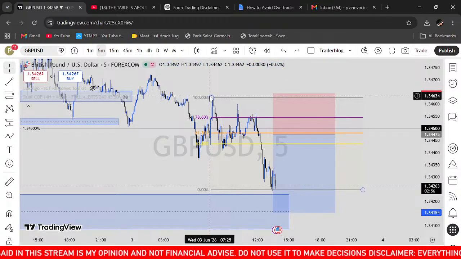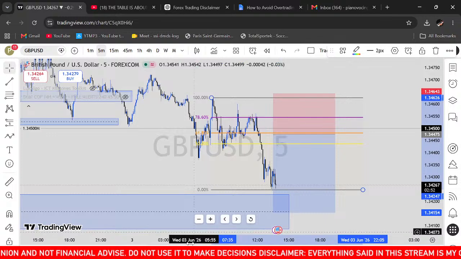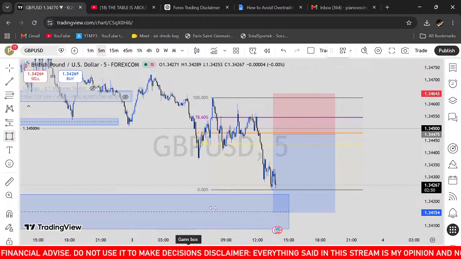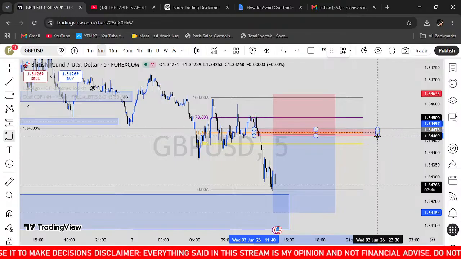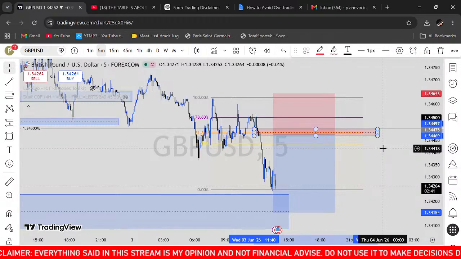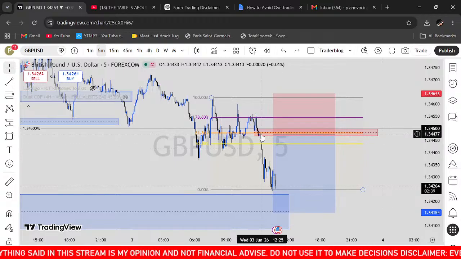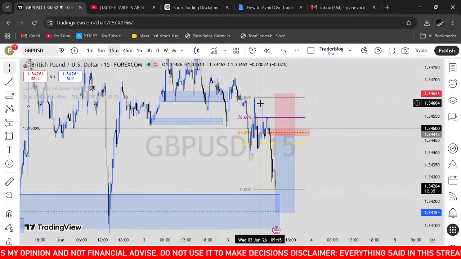Okay, but then again, before we do this, these are the zones of interest, right? The areas of interest. We have the zone over here for a sell. I'm also interested in, let me look at the 15 minutes.